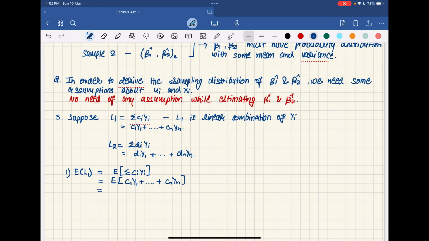In this case, c1 till cn are the constant terms, right? Yi is the stochastic variable. So if you take expectation of this sum, you will get c1 times expectation of y1 till cn times expectation of yn, right? So this is equal to summation of ci expectation of yi.